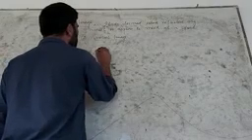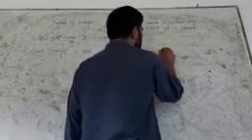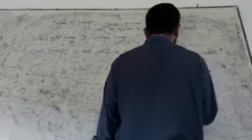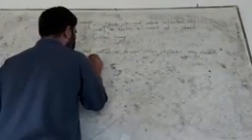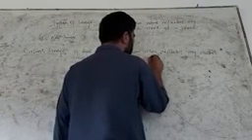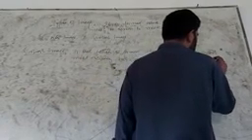A virtual image is that which is formed when the reflected rays do not actually meet, but appear to meet at a certain point.